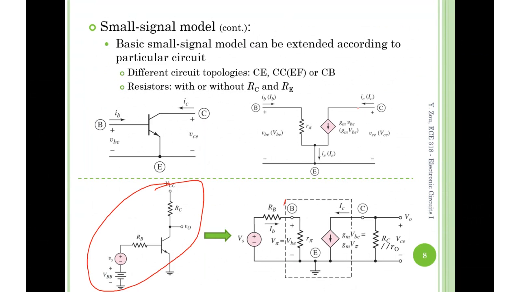This is actually same as MOSFET. It's always between collector and emitter. And this is where the output resistance is.